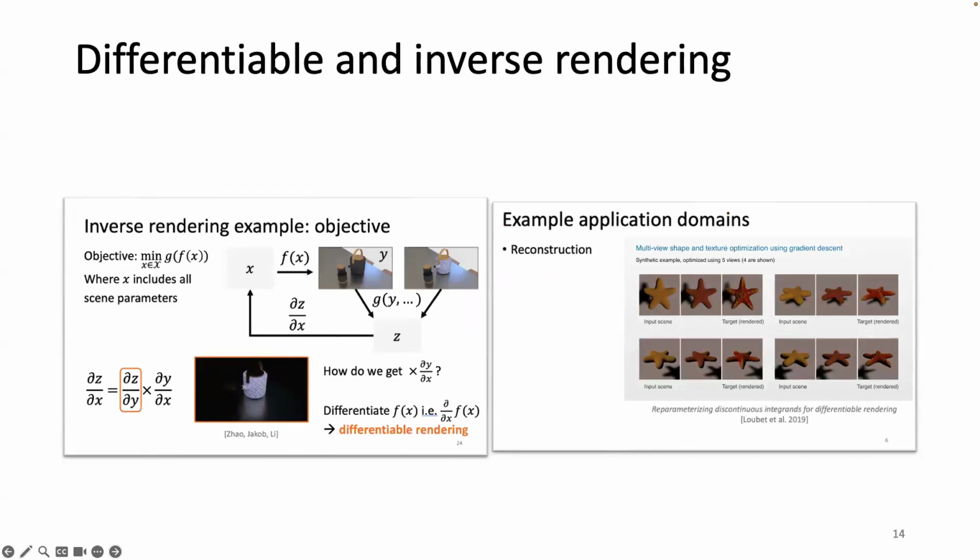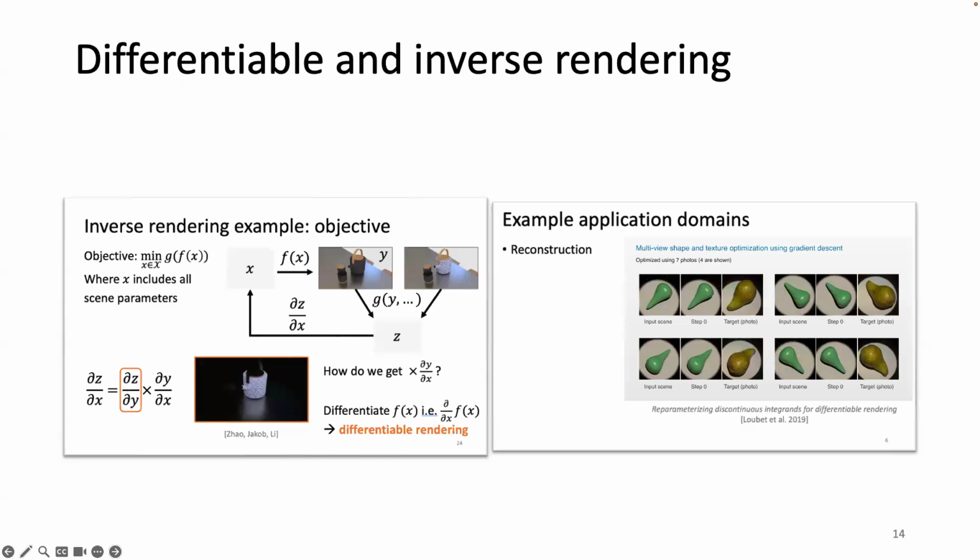After that, we'll turn things around a little bit and discuss how rendering algorithms can be made differentiable and how we can invert the rendering pipeline. Differentiability is a property that is pretty useful nowadays, especially when we want to combine traditional rendering with machine learning and with this goal of using visual computing and rendering for artificial intelligence.